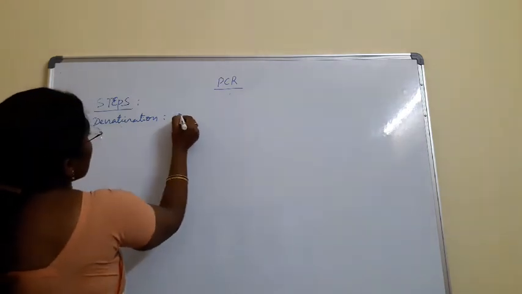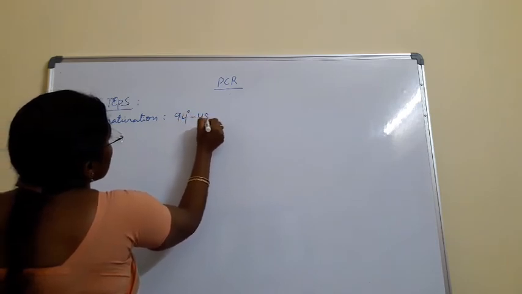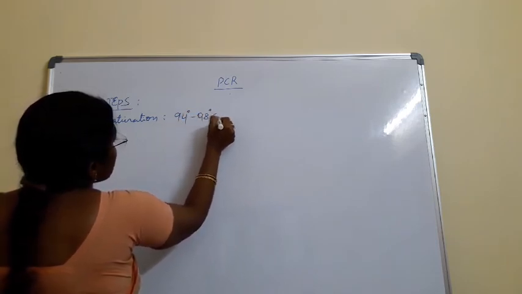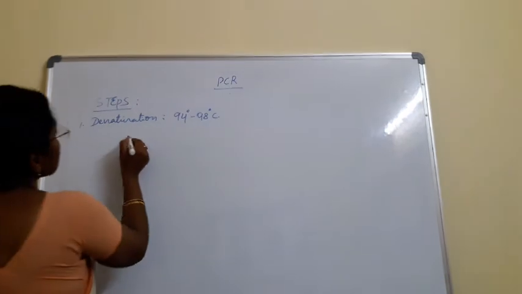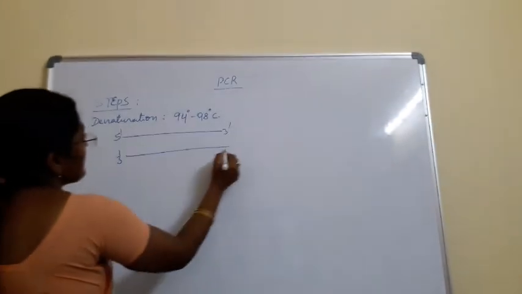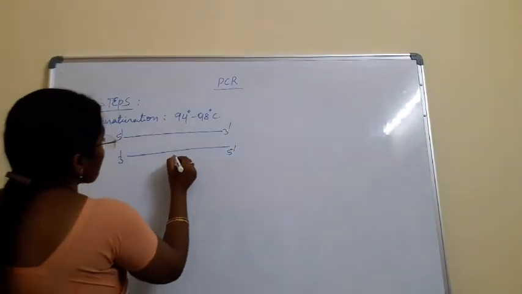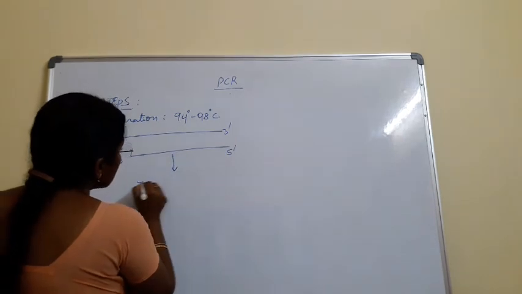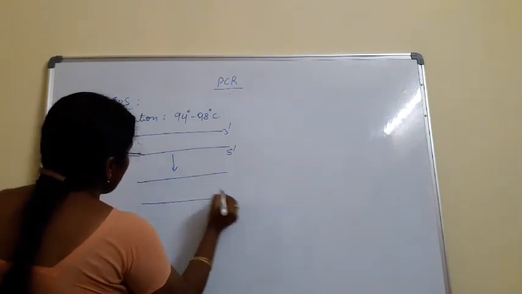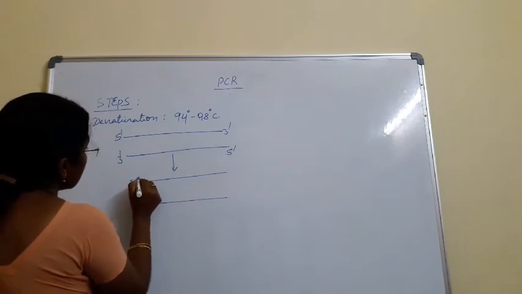This step is carried out at a temperature of 94 to 98 degrees centigrade. In this step, double-stranded DNA denatures into 2 single-stranded DNAs.